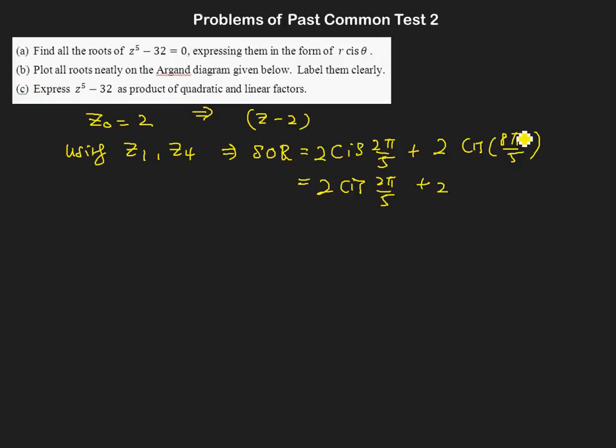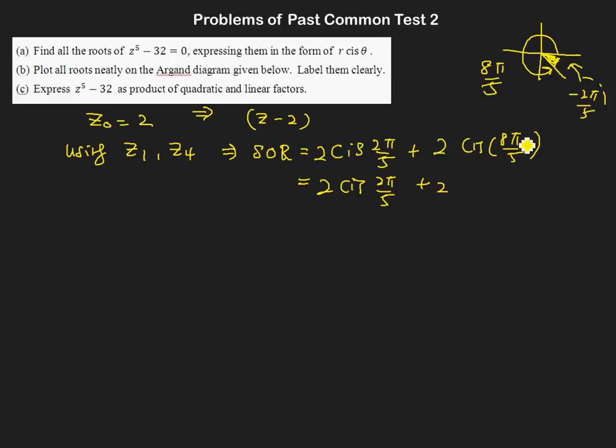If you think about it, 8 pi over 5 is somewhere here. This angle here is actually negative 2 pi over 5, and if you replace 8 pi over 5 with negative 2 pi over 5, there's no problem with that.